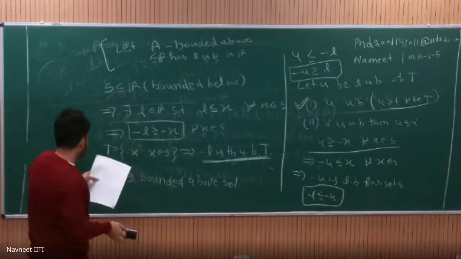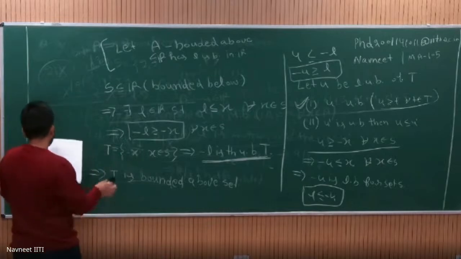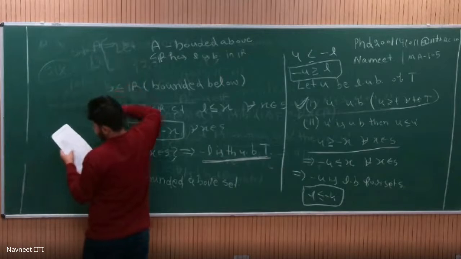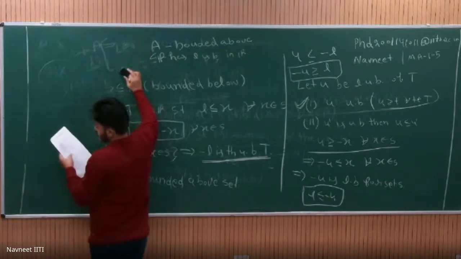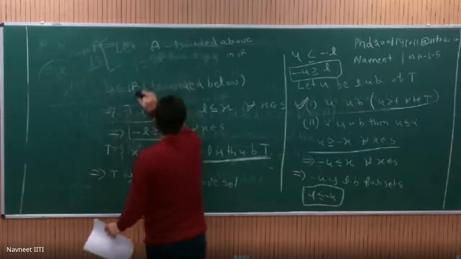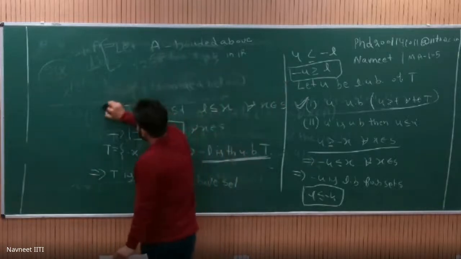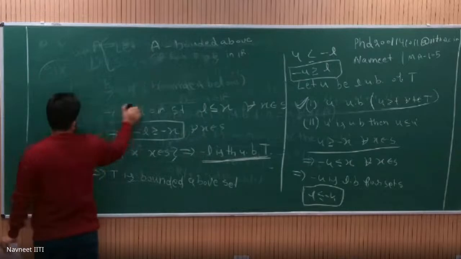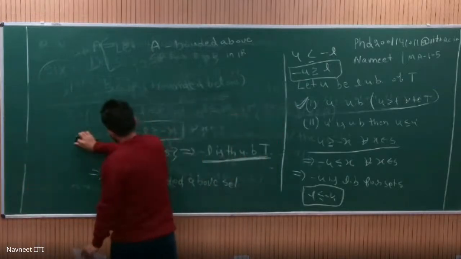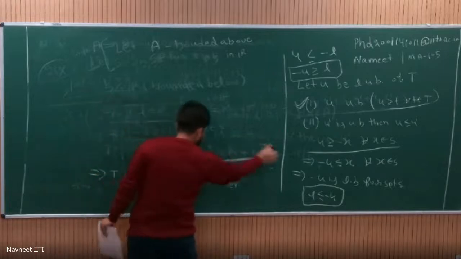Now coming to question number 6. Tell me how many have done this question. What is its meaning? That there is a rational number between any two distinct real numbers. That means if you take two distinct real numbers, there must exist a rational number. Has anyone tried or done this question?